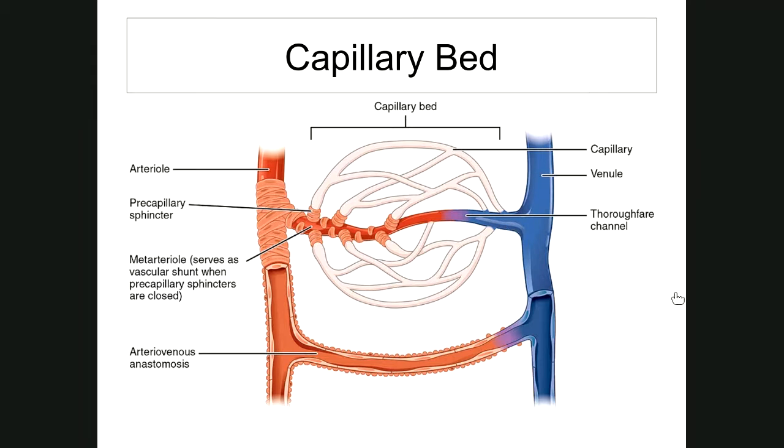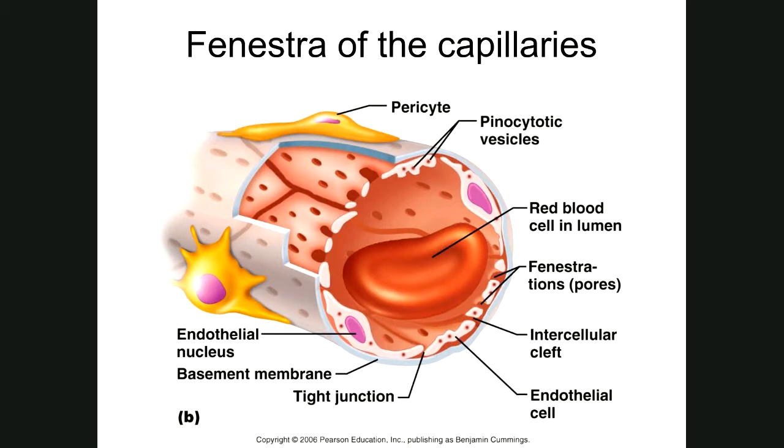Now, there's a difference between some types of capillaries, continuous and fenestrated. And I have a picture of fenestrated here. Fenestra means pores. So continuous capillaries have no pores. They don't have these openings here. So continuous is C-O-N-T-I-N-U-O-U-S.